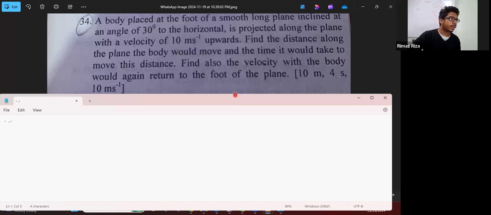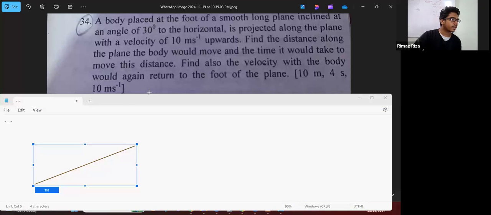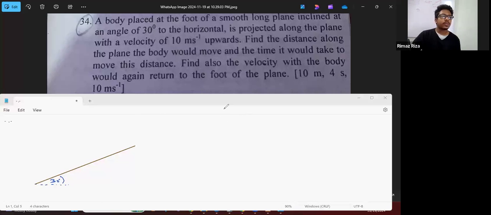So let's draw the inclined plane first. So here's the inclined plane, and the angle is 30 degrees.